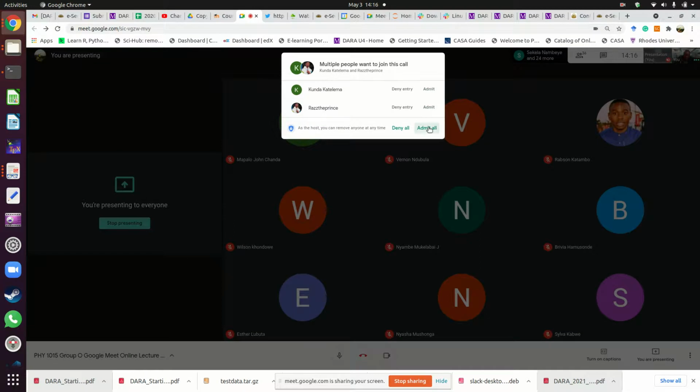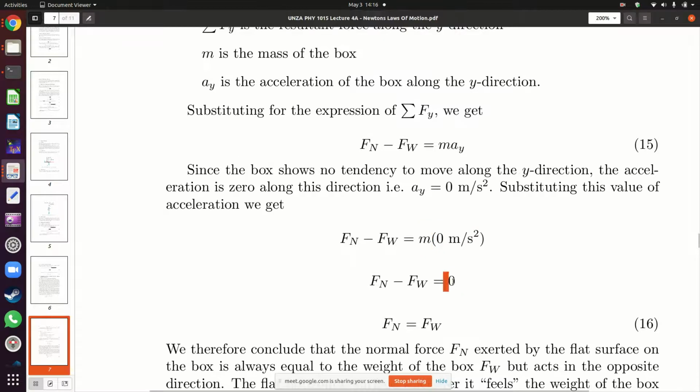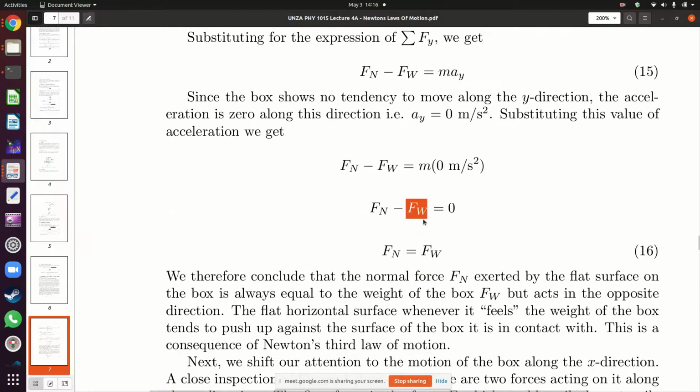When we do this, clearly mass multiplied by 0, we get a 0 this side. So we end up having Fn minus Fw equals 0. With this Fn minus Fw equals 0, when you take this minus Fw to the other side, you end up having Fn equals Fw. So what you see here is as follows.